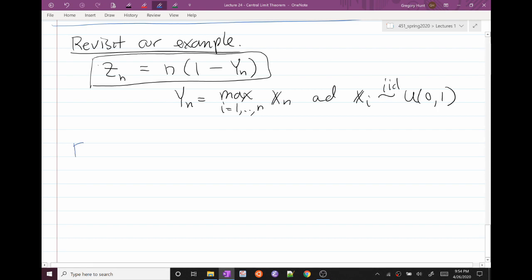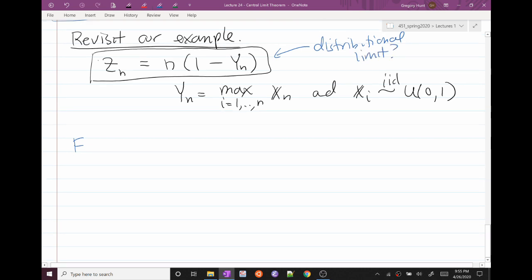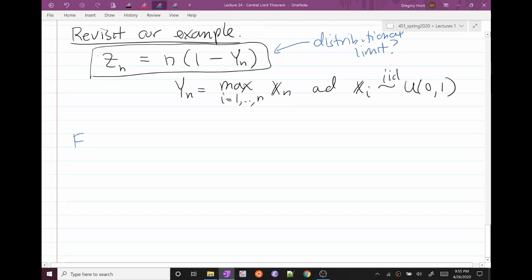For the distributional limit, we need to find the CDF of z sub n.